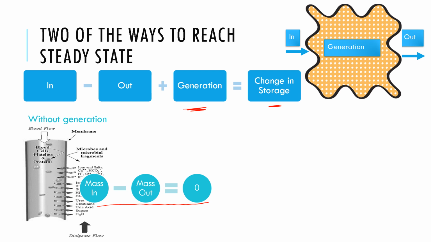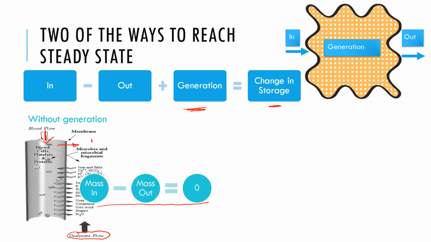An example of that could be this dialysis tube, where inside the tube we have a high concentration of urea in blood, and outside is the dialysate fluid flowing with a much lower concentration, closer to 0. So we have a concentration gradient from inside to outside.